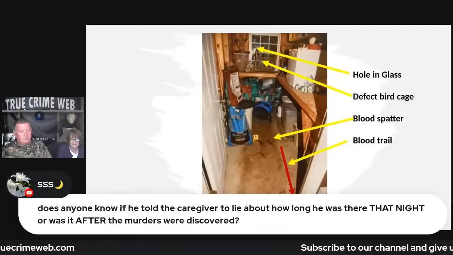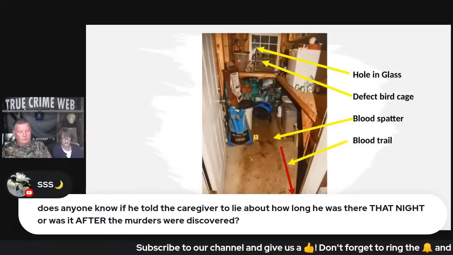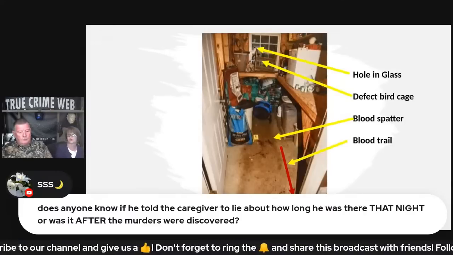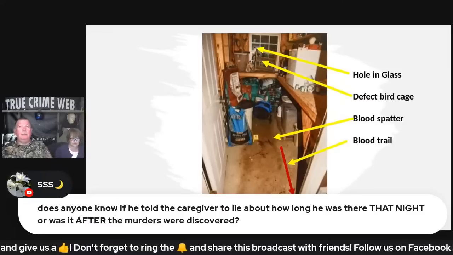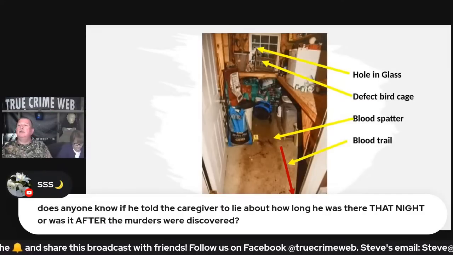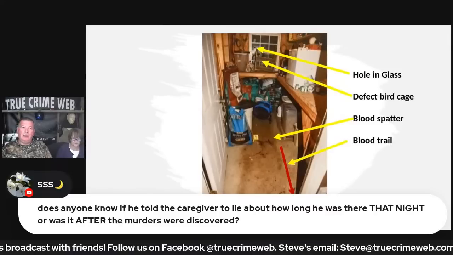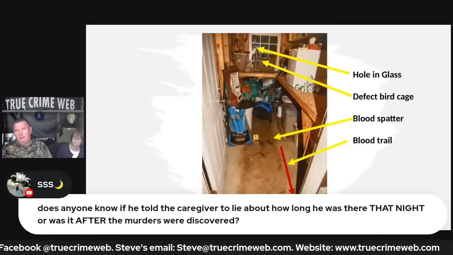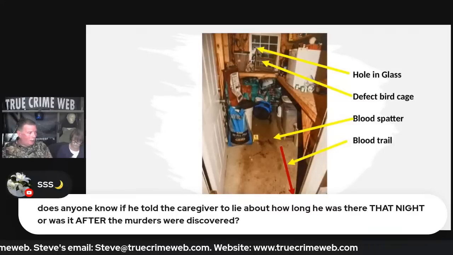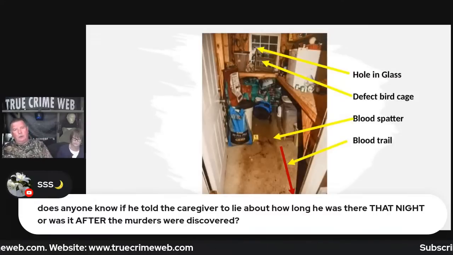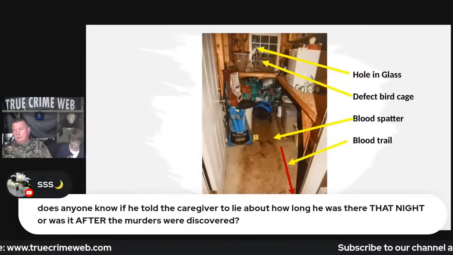All right, and SSS, does anyone know if he told the caregiver to lie about how long he was there that night, or was it after the murders were discovered? I think from the testimony, that's one part of the testimony I saw with the caregiver, that she spoke with him a day or so later at the, they have a different name for it in the Low Country, but a wake is what we call it here in Georgia, of where she was speaking.